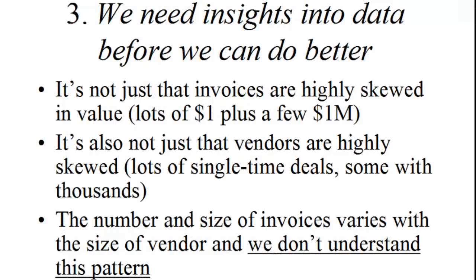It's the fact that those two variables have a relationship, that the number and size of individual invoices vary with vendors. So a large vendor handles invoices in a different way, and the data has a skew, it has a trend, it has a size law that we need to know. It ought to be something that's in our minds as we're preparing our sampling plan. It ought to be in our minds as we're trying to decide, for example, whether we're trying to find a problem vendor or a problem item.